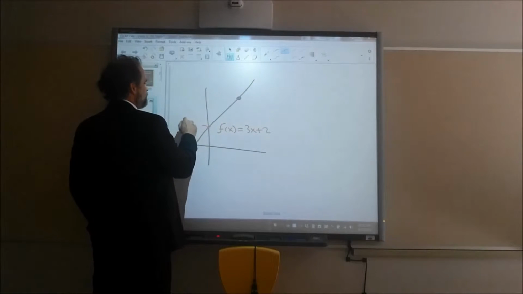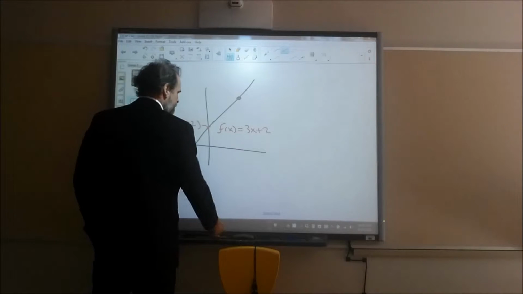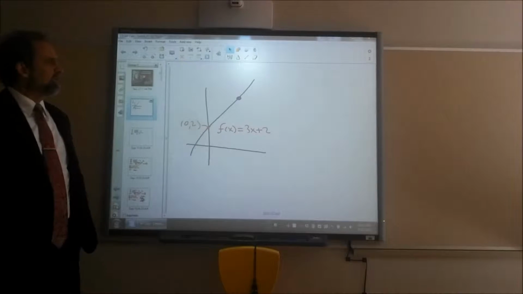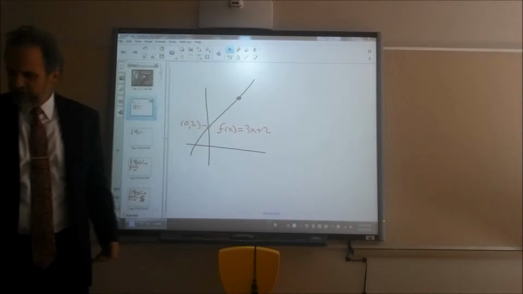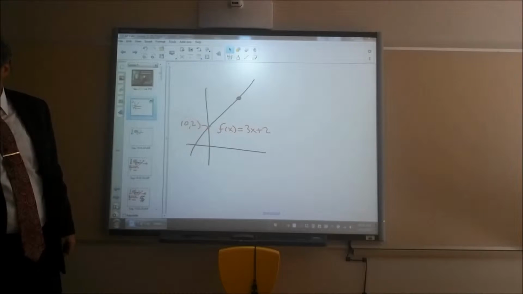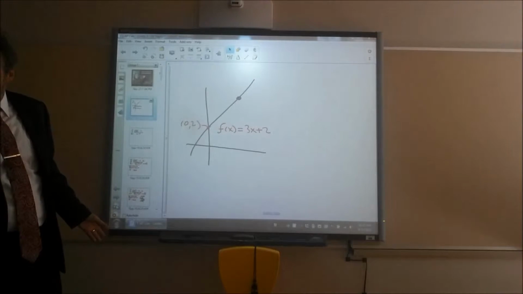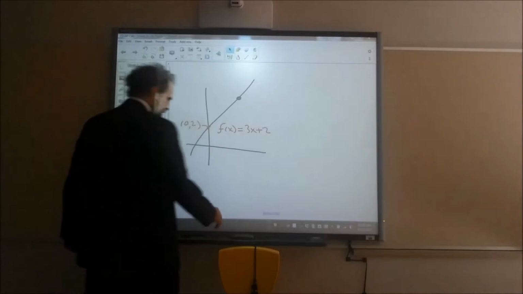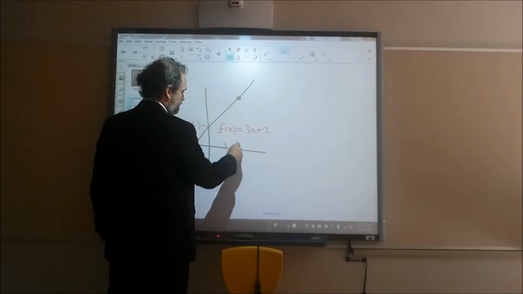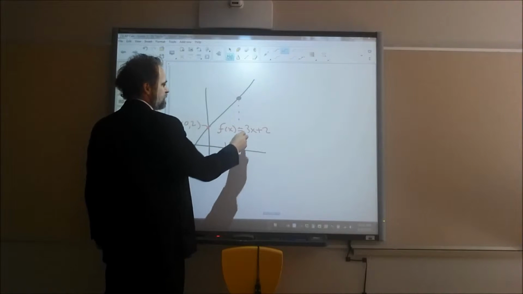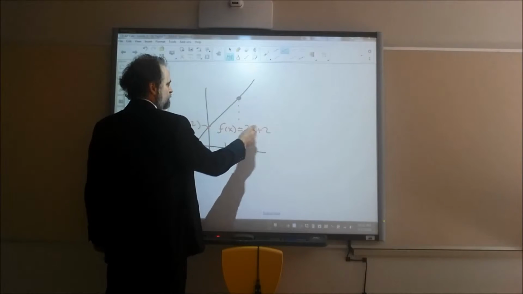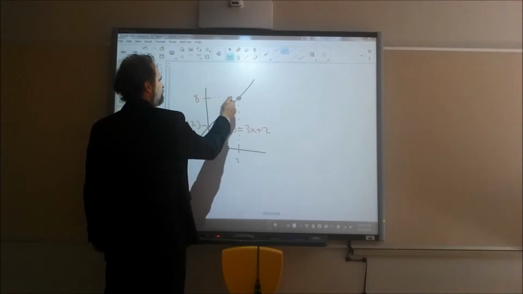So this is 0, 2. Out here somewhere is a limit that I can test. And if I'm testing the limit of f of x as x approaches whatever, say 2, and the output, let's just see what it is: 3 times 2 is 6 plus 2 is 8.